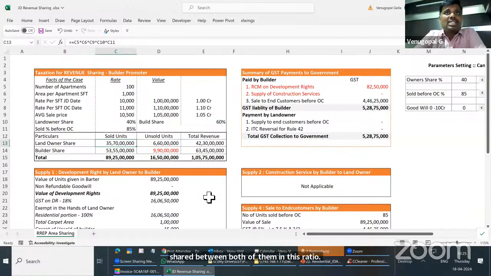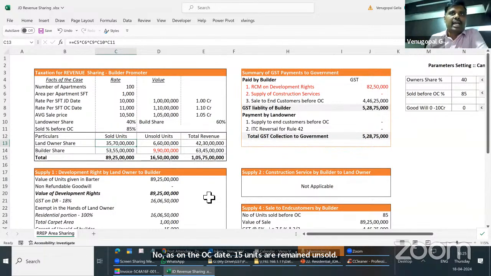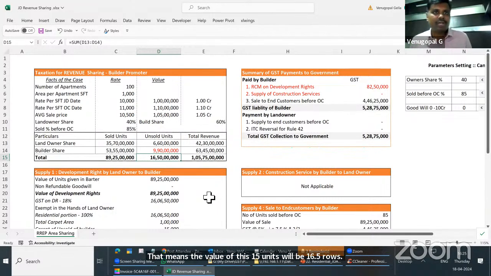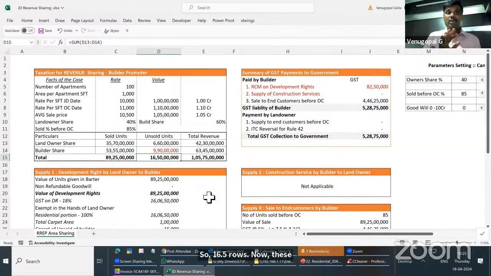Now, as on the OC date, 15 units remain unsold. And on the OC date, we said the market value is 1.1 crore. That means the value of these 15 units will be 16.5 crores. Now, these are not sold, so revenue is not given to the landlord yet.